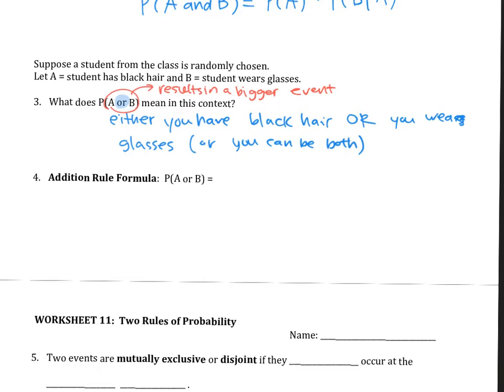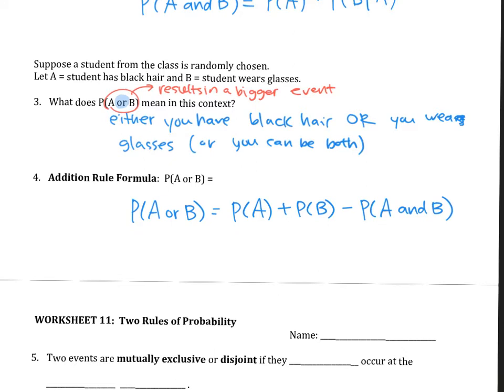So usually it's going to have a higher probability. So generally speaking, when I see a probability of A or B question, I know my answer is going to be a bigger answer. The addition rule is: probability of A or B is equal to probability of A plus probability of B minus probability of A and B.